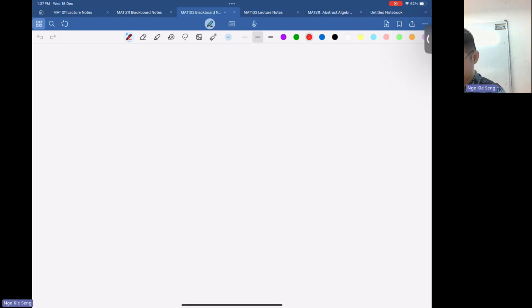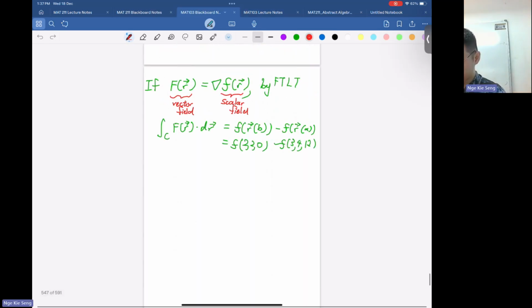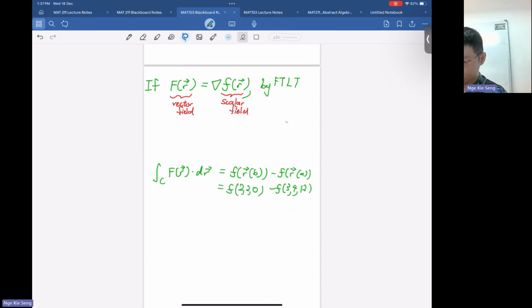So what's this f here? The f is really C over the square root of x squared plus y squared plus z squared.